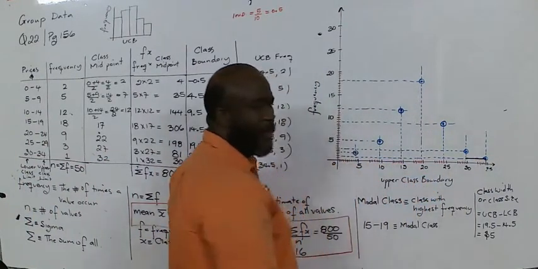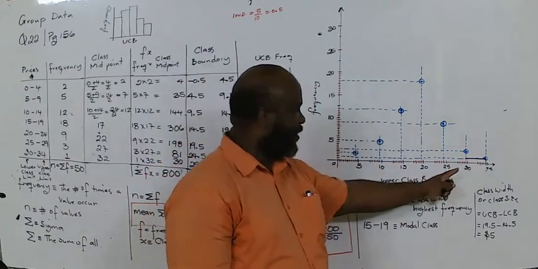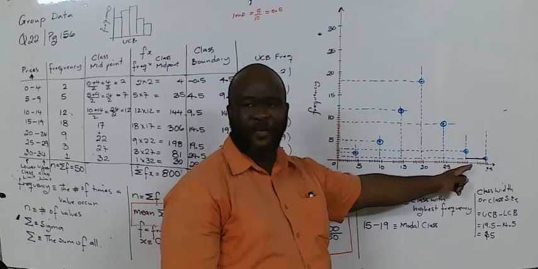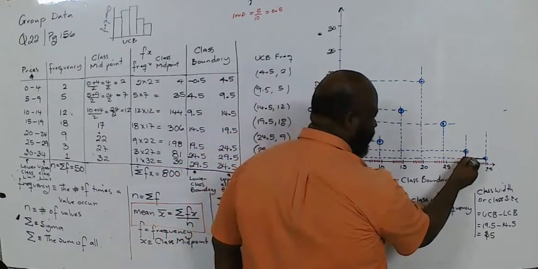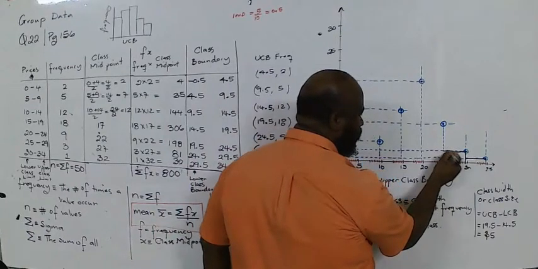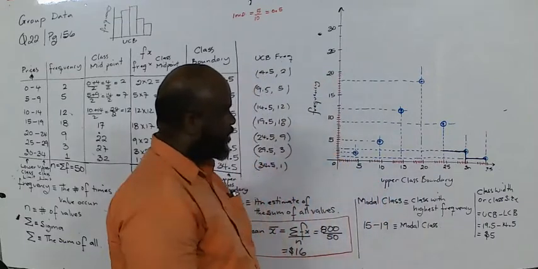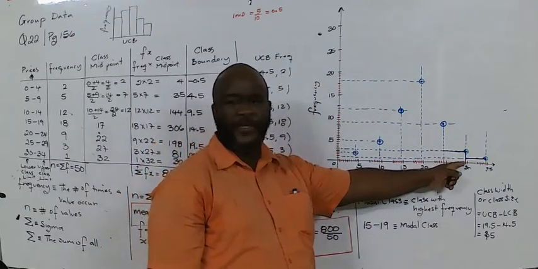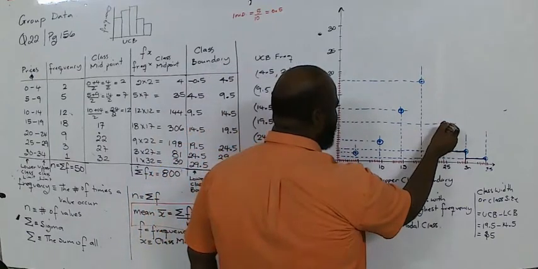It ends at 34.5 and started at 29.5. The bar before it, the height of it is 3. It starts at 24.5, ends at 29.5. The bar before that, the height of it is 9.